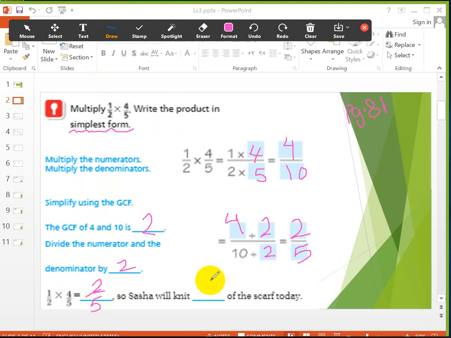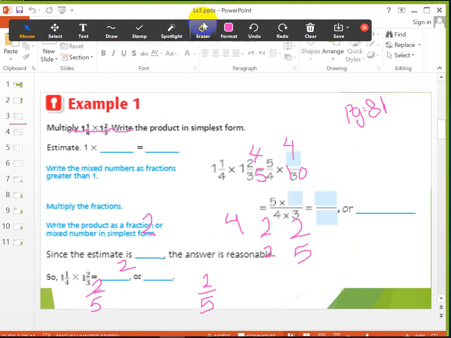Okay, now let's move to example number 2 on the same page. Now if I want to multiply two mixed numbers, I want to multiply 1 and 1 over 4 with 1 and 2 over 3.